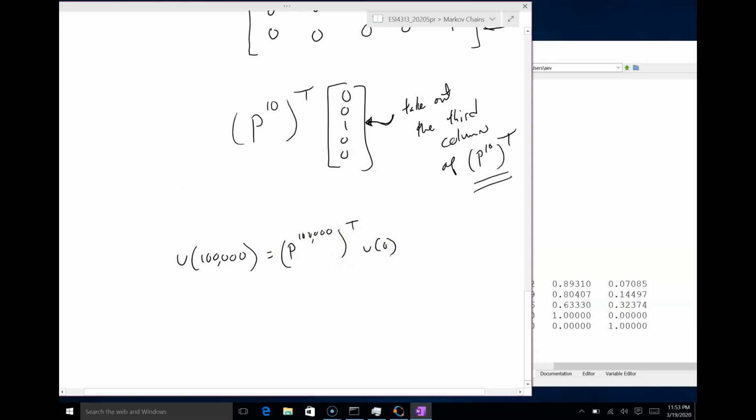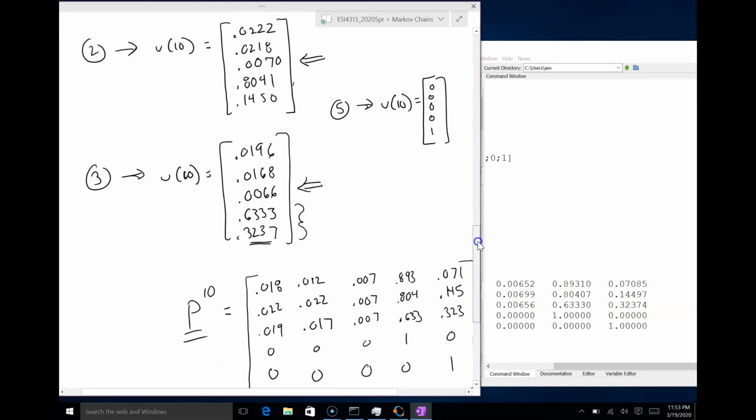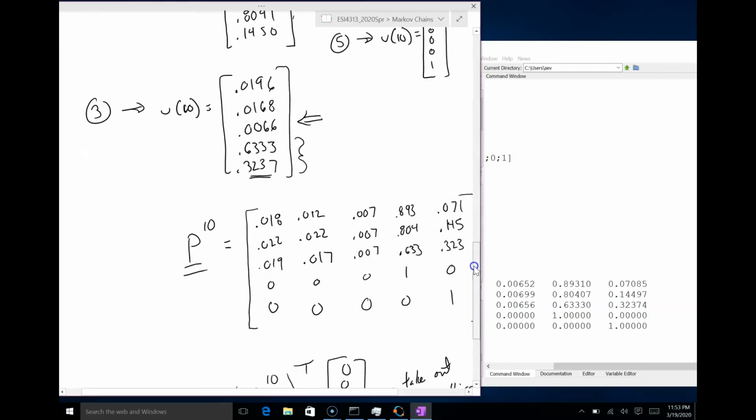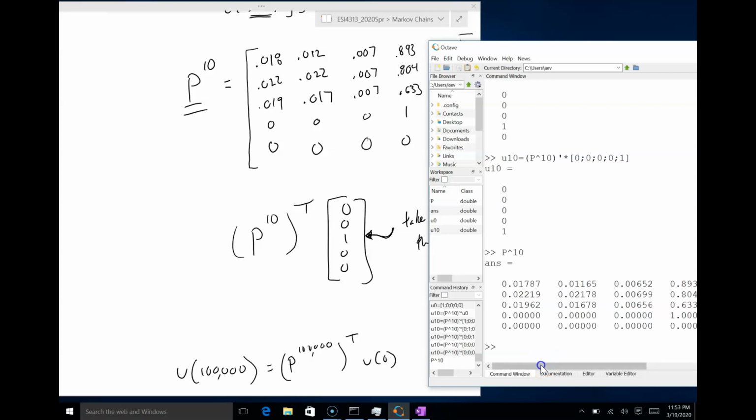And does it matter where I start? Okay, so let's ask that quick question. So we saw that after 10 steps, depending on whether we started in state 1 or state 3, we were more likely to end up at one of the absorbing states, 4 or 5. So let's see if that's still true after 100,000 time steps.